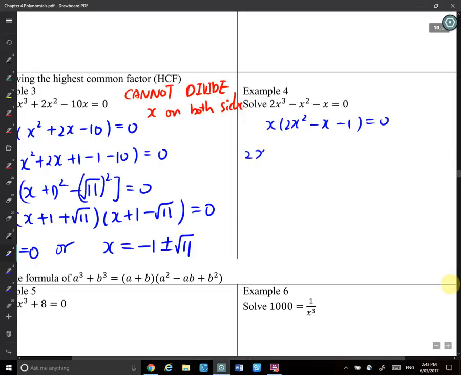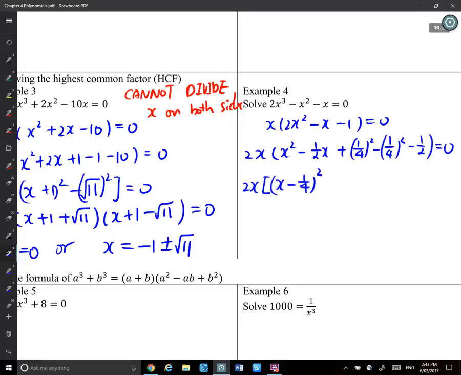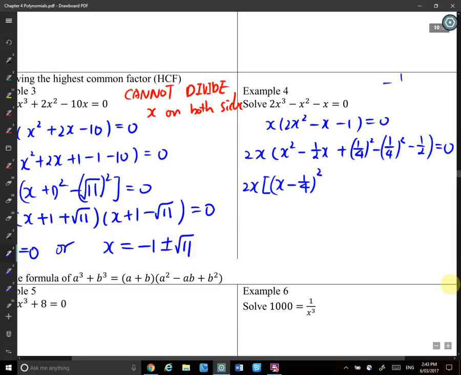So take the 2 out: 2x times x squared minus 1/2 x plus (1/4) squared minus (1/4) squared minus 1/2 equals 0. That gives minus 9/16, so 3/4 squared.